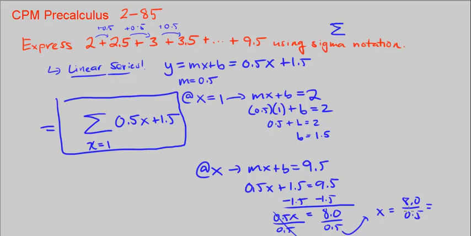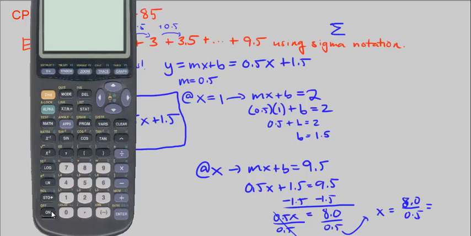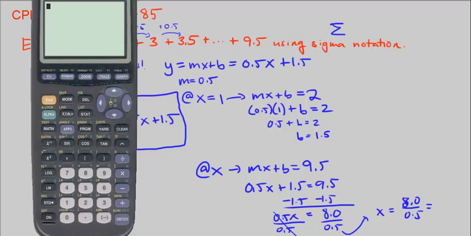I can use my calculator, or I can just know that 0.5 goes into 1 twice. Let's just use the calculator since it's our tool. 8 divided by 0.5 is 16.